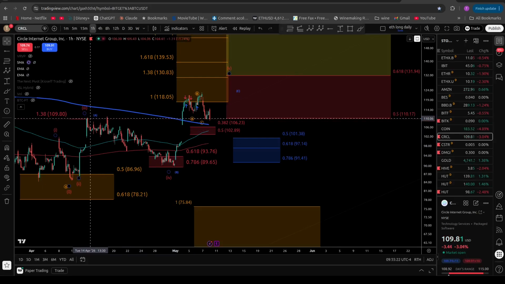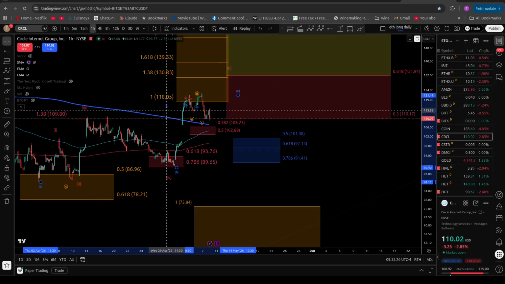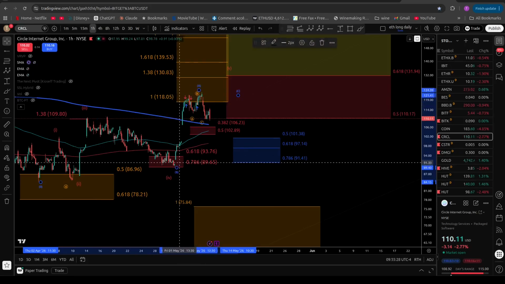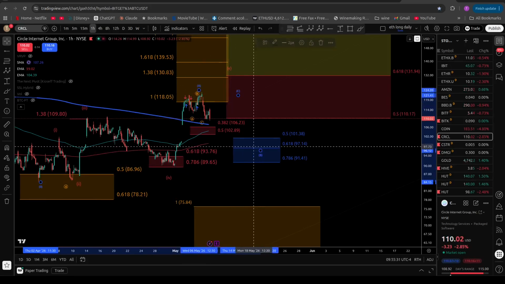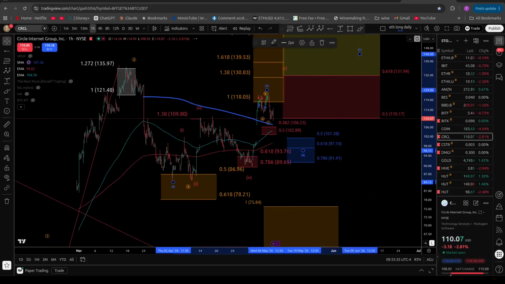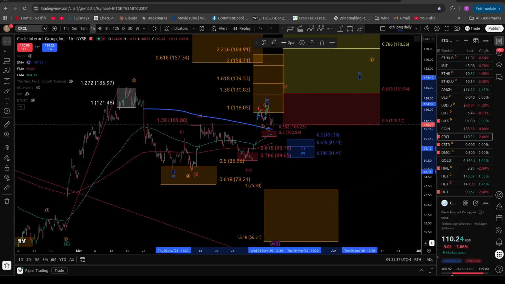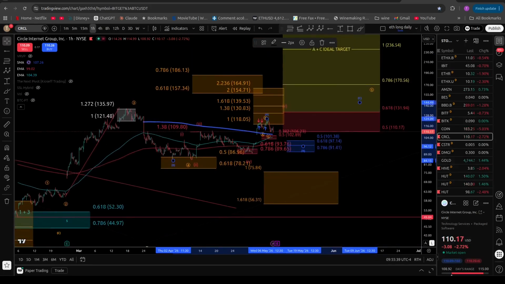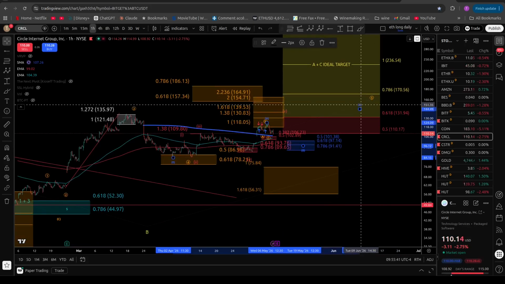I'm going to recycle this count here. I'm just going to put it here. So this would be the B and eventually the C, and that is going to complete. I don't know where is it now, but yeah, this one here.